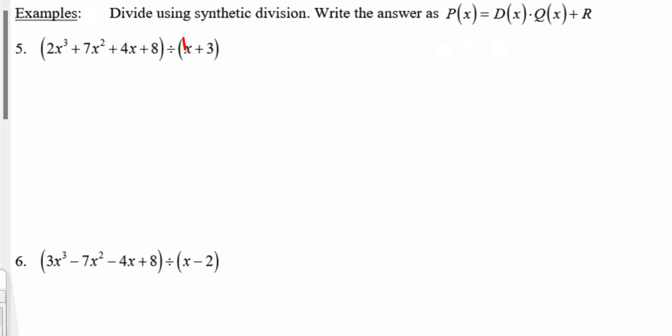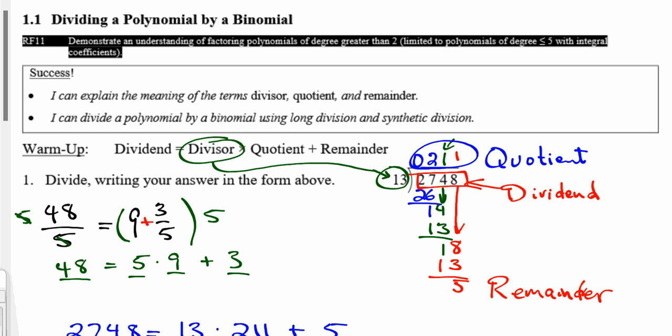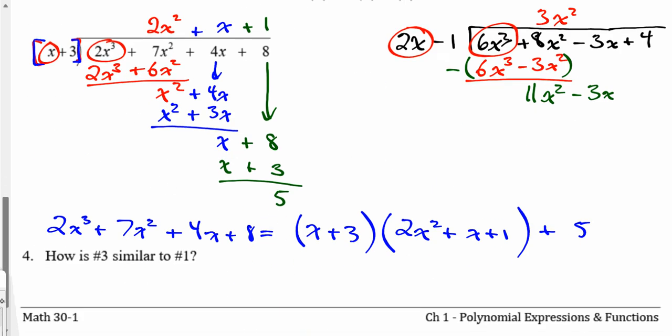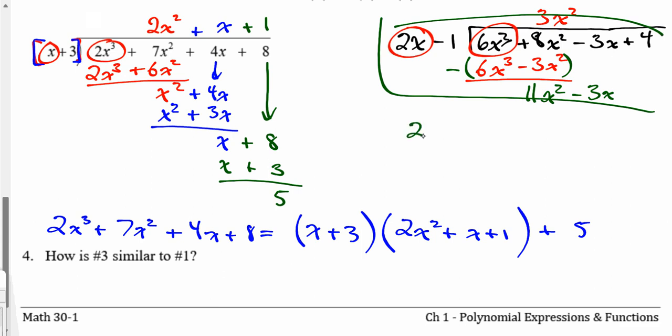Just before I do this, I want to go back to this previous page and say, let's say we look at this question. Sometimes what we'll do as mathematicians to be more efficient is we'll leave off the variables. And we'll have the 2 and the negative 1, leaving out the x, and then a 6 and 8, negative 3 and 4.